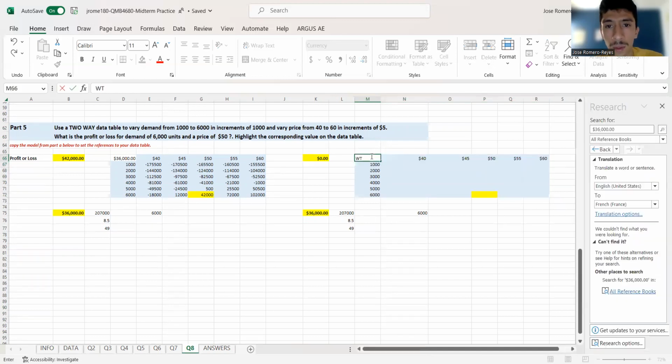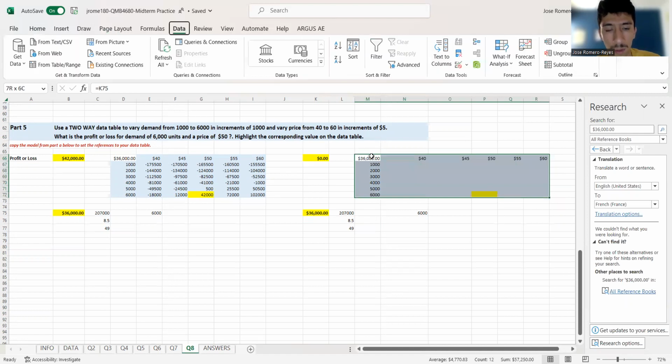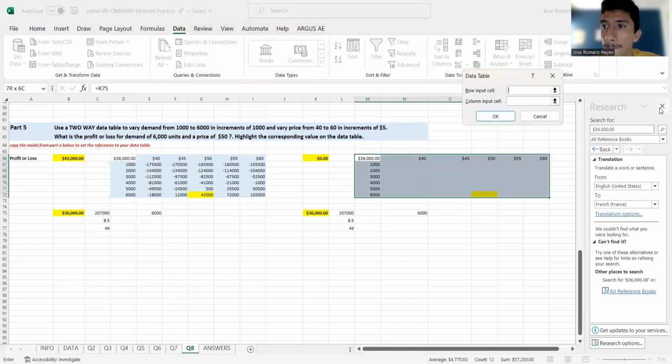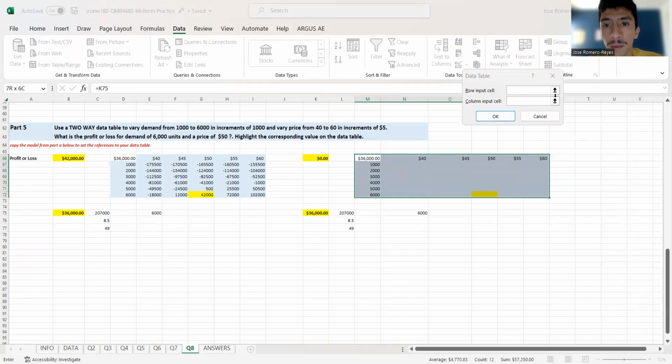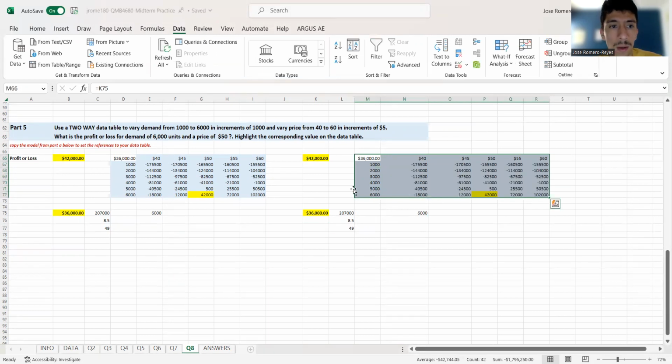Okay, Alt A to BT. Our column input cell is the number of units, which we'll put right there. And our row input cell is the price. Press OK.